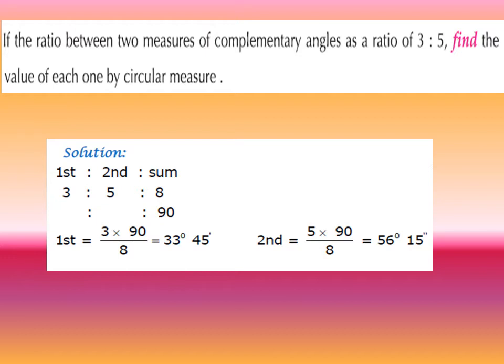First to second is 3 to 5, and 3 plus 5 equals 8, and put 90 degrees over 8. Then the measure of the first equals 3 times 90 over 8 equals 33 degrees 45 minutes, and the second equals 5 times 90 over 8 equals 56 degrees 15 minutes.